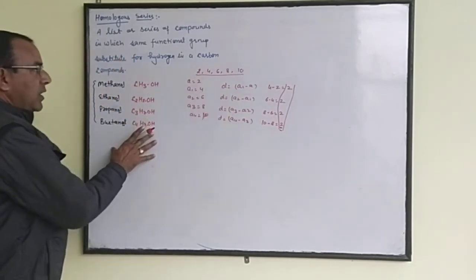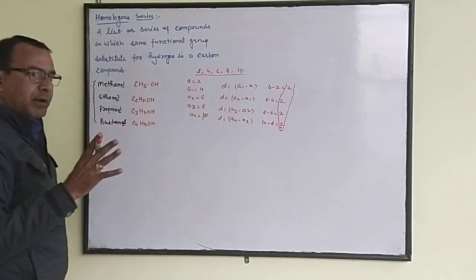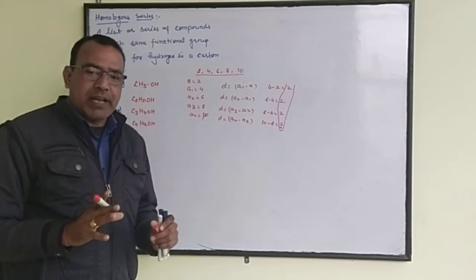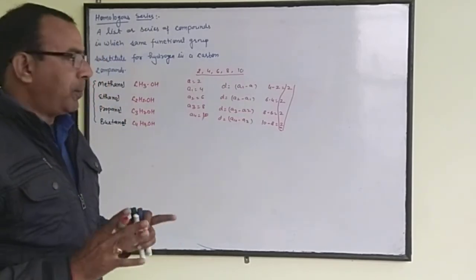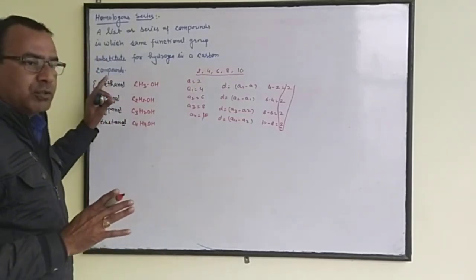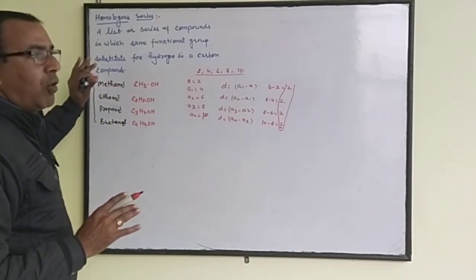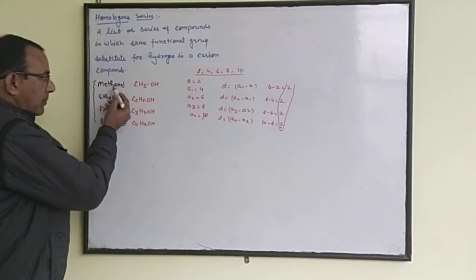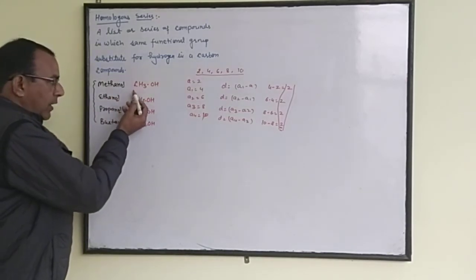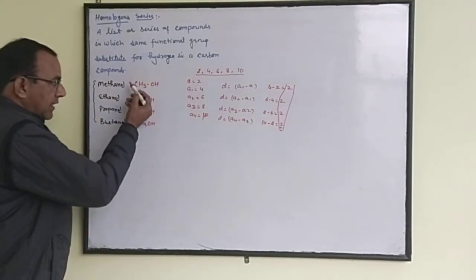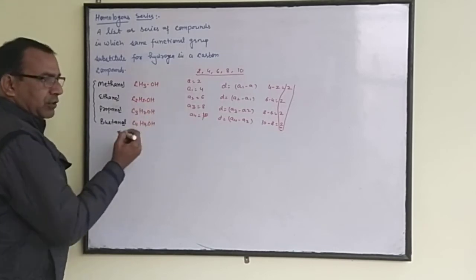Just like a homologous series, carbon compounds which have similar functional group and substitute hydrogen one by one in a carbon compound, that is called a homologous series. For example, carbon numbers 1, 2, 3, 4. Clear? They have similar functional group.